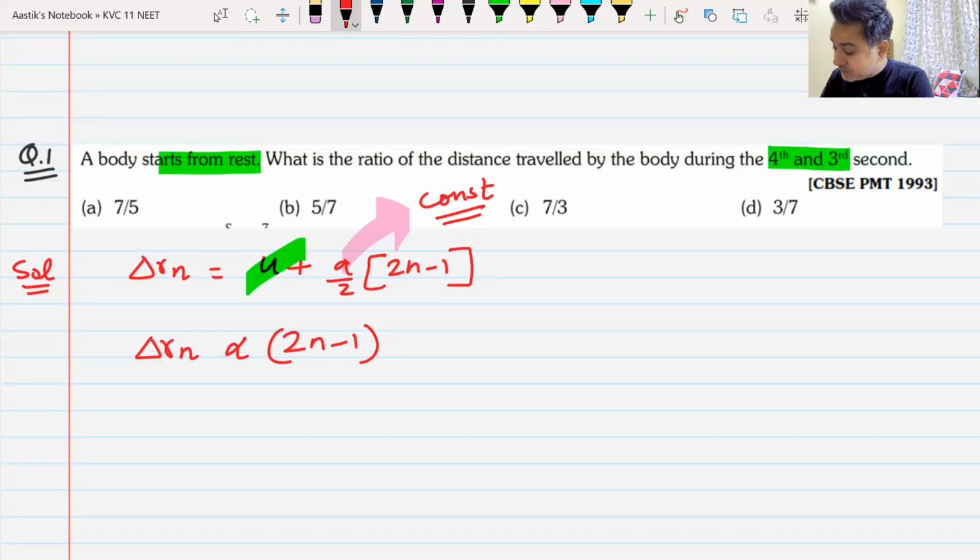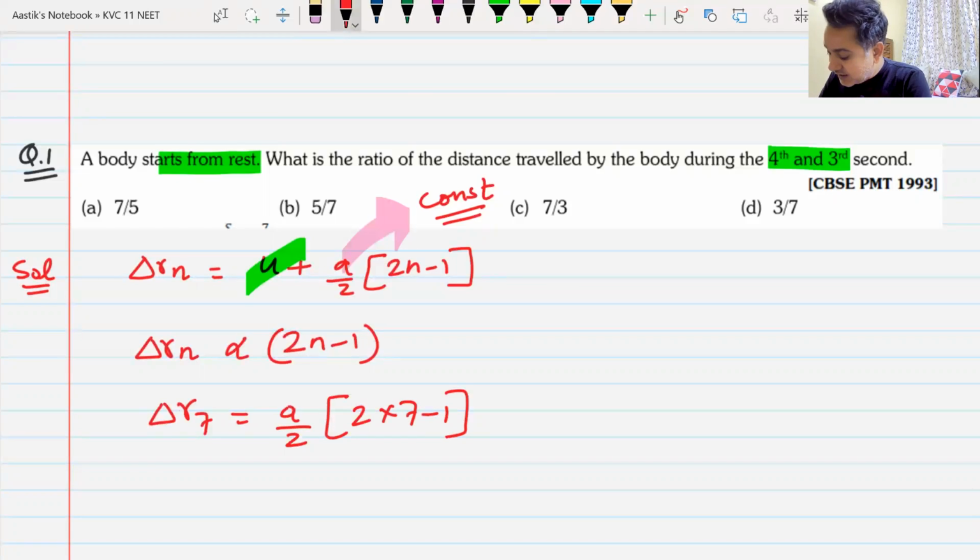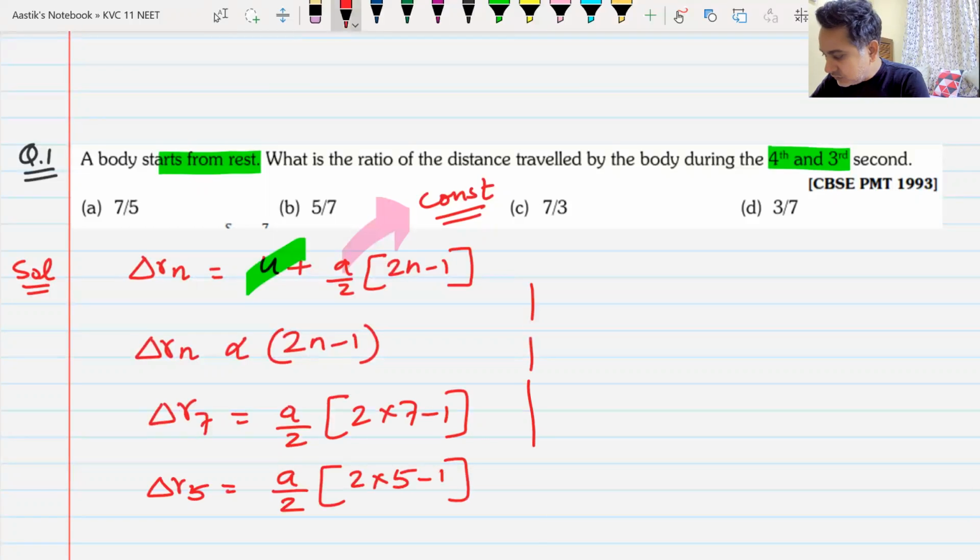That means displacement in the 7th second will be equal to a by 2 into 2 into 7 minus 1. Yes or no? And displacement in the 5th second will be equal to a by 2, which is the same, so it just gets cancelled, 2 into 5 minus 1. Yes or no? Then you can find the ratio of displacement in the 7th second.